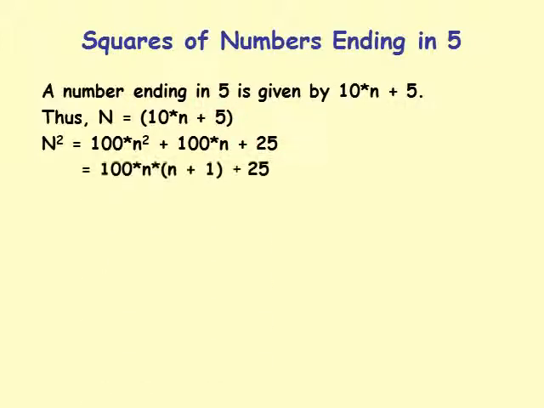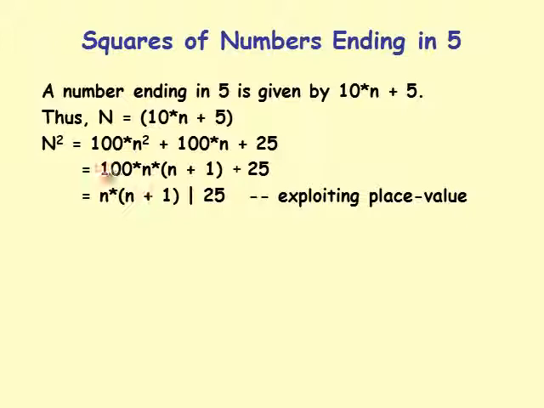So if I extract 100 n from the first two terms, I get 100 times n times (n plus 1), and then plus 25. So that is equal to 100 n times (n plus 1) plus 25.